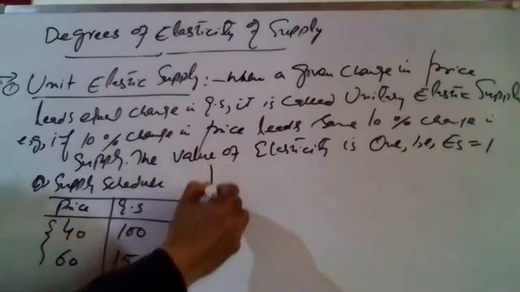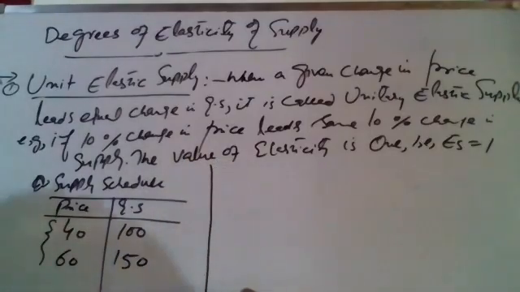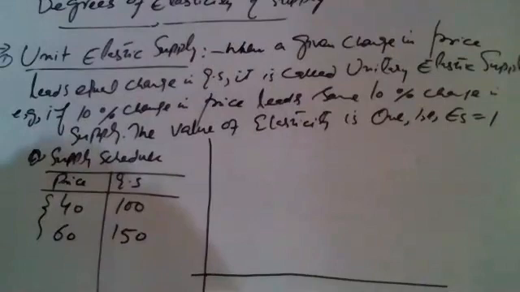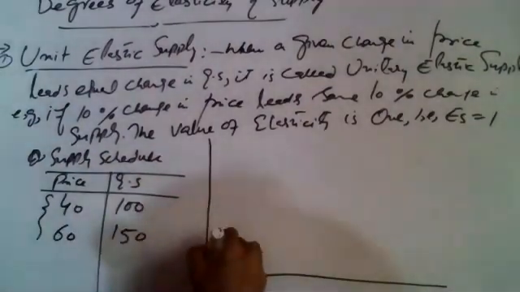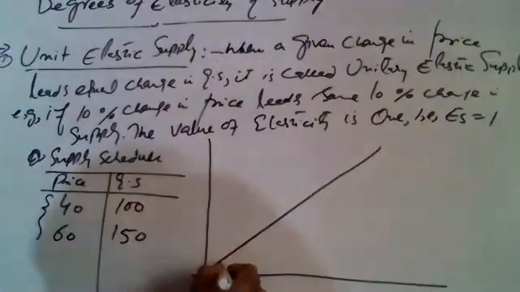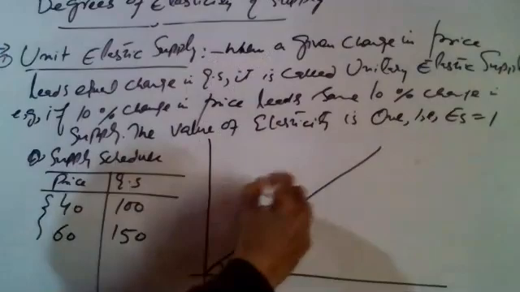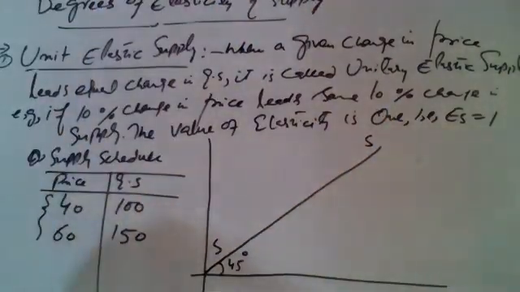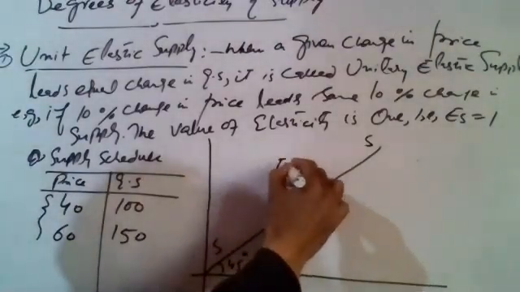If we make the supply curve for unit elastic supply, it will be a 45 degree line.